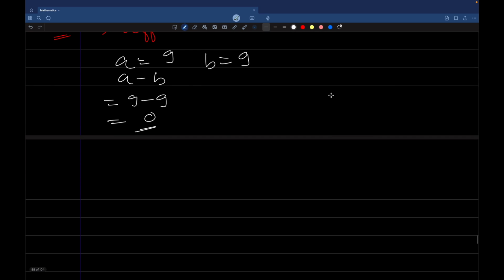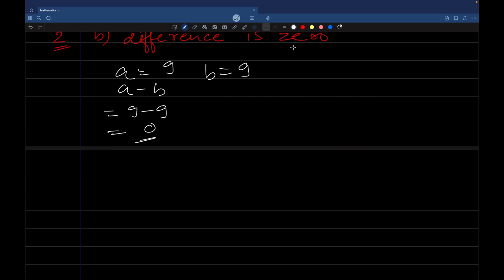Now let's solve question number 2c. Question number 2c says that you have to find a difference smaller than both integers.